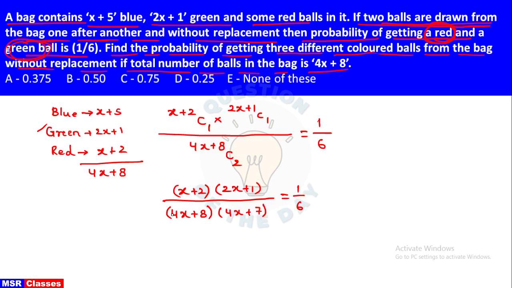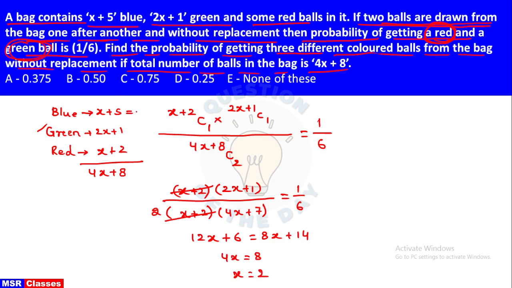If we take 2 as common, the values cancel. 12x plus 6 is equal to 8x plus 14. Right? 8x plus 14, 12x. So total 4x is equal to 8, x is equal to 2.